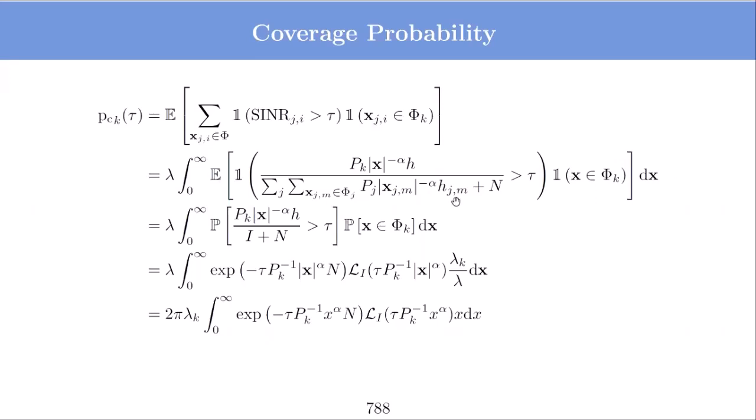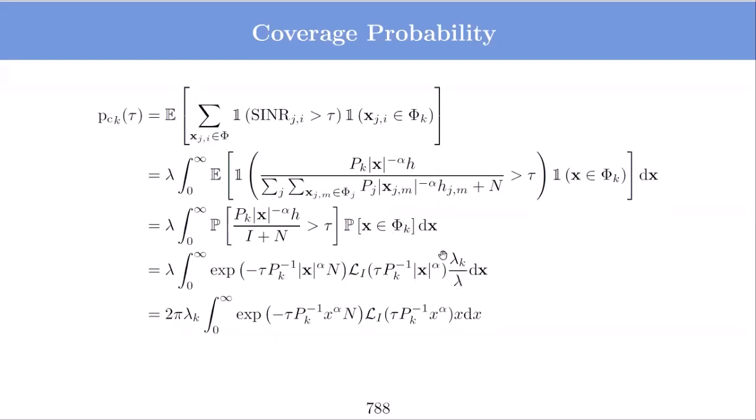Now this probability and this probability are independent, right? So I can break this expectation into these two terms. If I look at this one, the expectation of the indicator that x belongs to phi k is the same as the probability that x belongs to phi k. Now, x is one of the points of the point process, and the probability that it belongs to the kth tier is given by lambda k upon lambda.